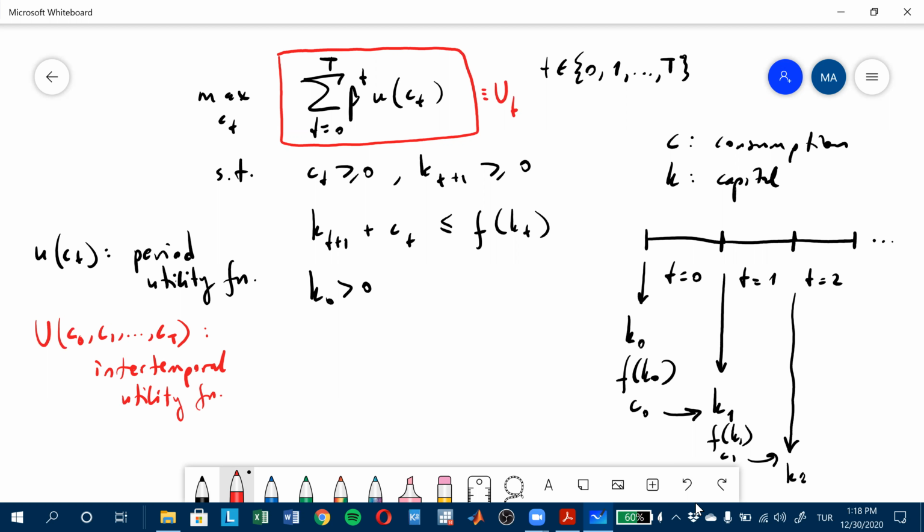Okay. And F is the production function, obviously. Here we assume that there's full depreciation. So there's output, and for you to have capital stock next period, you're going to save it.